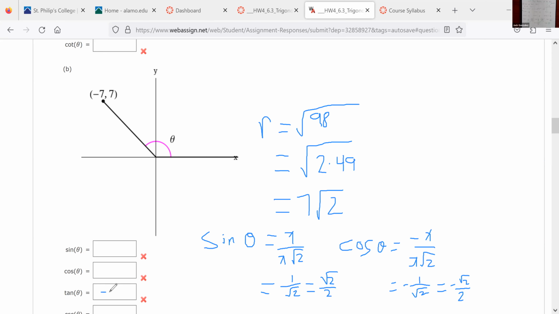Tangent will be equal to -1. And the rest will be reciprocals. So all you gotta do is find your radius, and plug in your values into the formula, make sure it is rationalized. If you have any issues with rationalizing, let me know, because I didn't show the step before. Anyways, any questions on this one? That's basically the same setup.